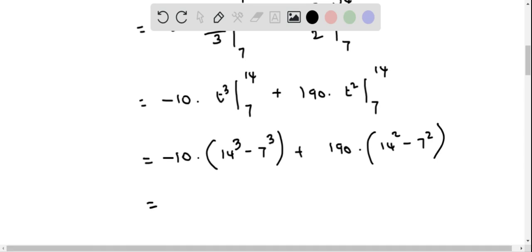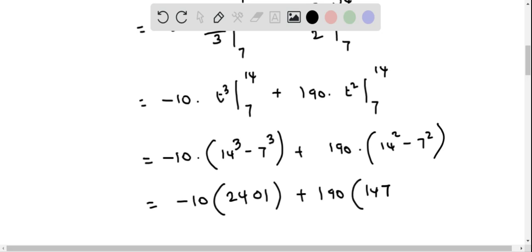So this equals negative 10 times 14 cubed minus 7 cubed, which is 2401, plus 190 times 14 squared minus 7 squared, and this equals 147.